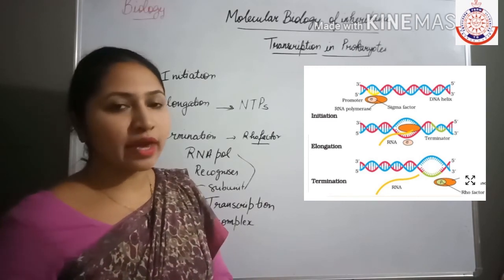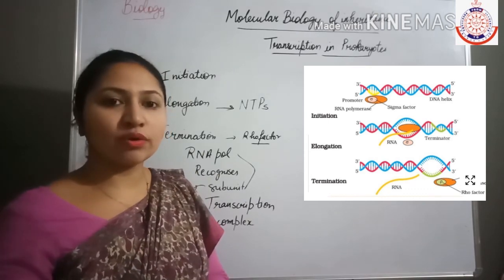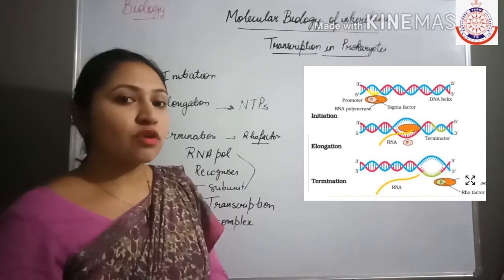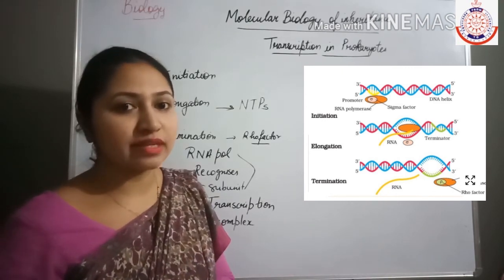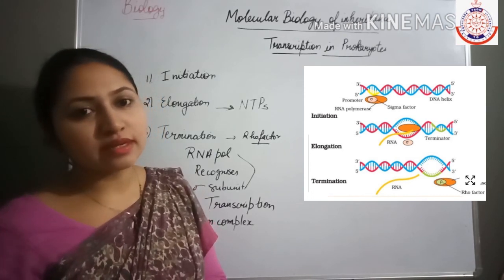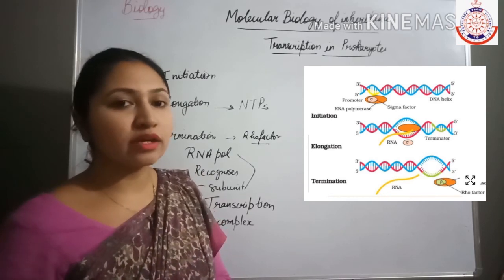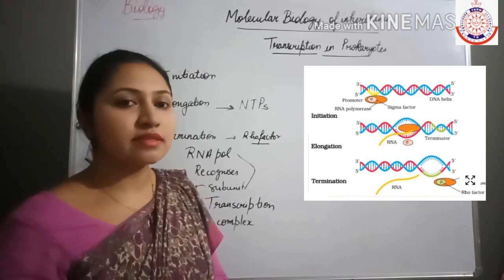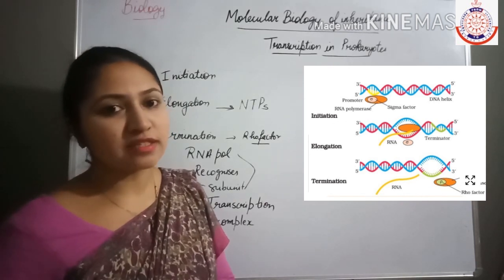Like in eukaryotes, first transcription occurs and then translation occurs later on, but in prokaryotes both processes occur simultaneously, because both occur in the cytoplasm region. But in eukaryotes, transcription occurs in the nucleus and the translation process occurs in the cytoplasm region.